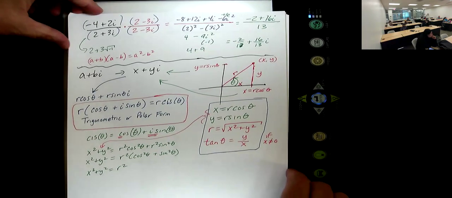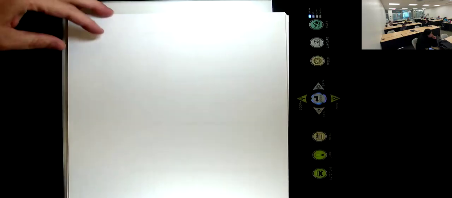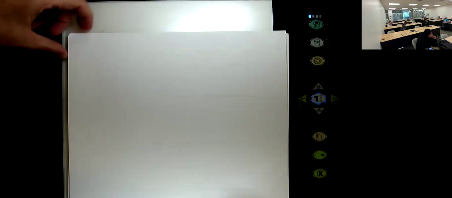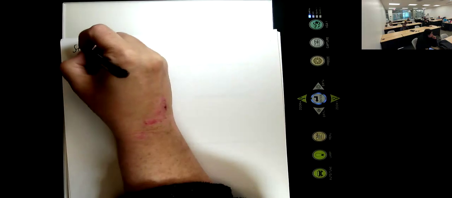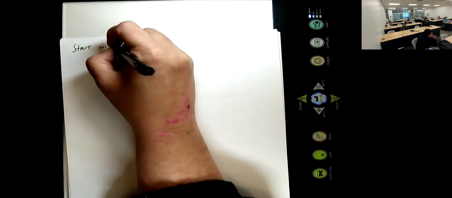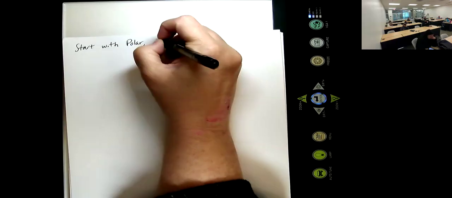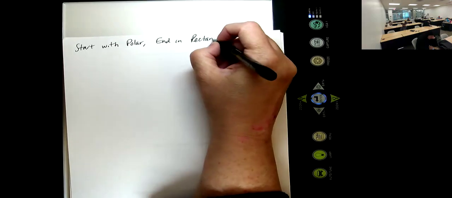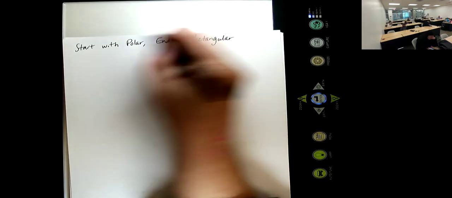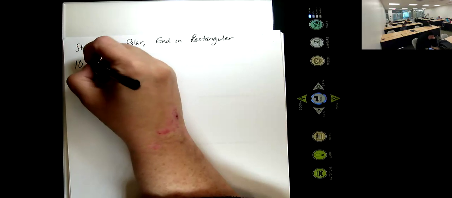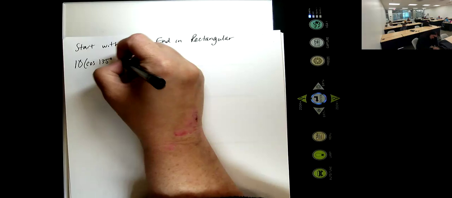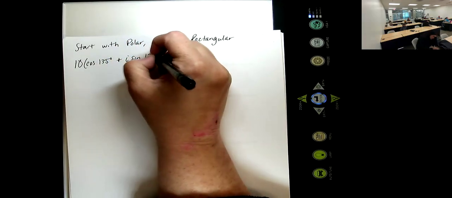Guys ready? So probably the easiest problems to start with is let's start with polar, end in rectangular. So let's have 10 times cosine of 135 degrees plus I sine 135 degrees.